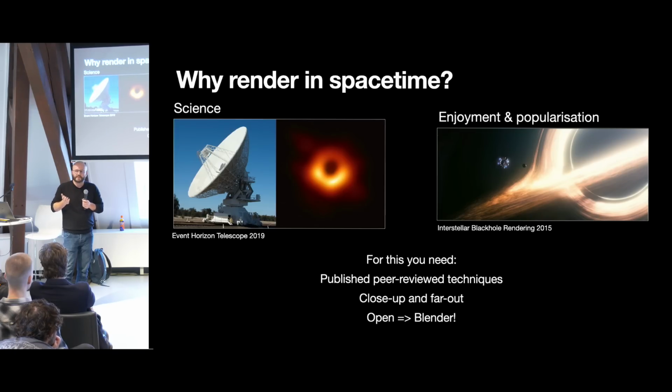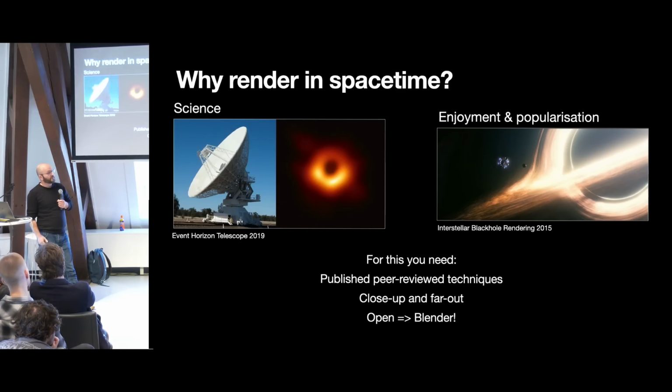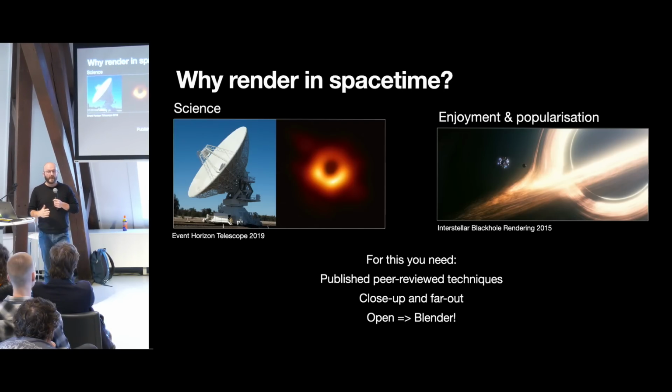For example, for many astronomical things, it's interesting to put the camera far away because we are far away, and then study things that are either close or far away from the black hole. But if you want to make some cool images, you want the camera to be close to the black hole and see what things look like. And furthermore, I wanted it to be available to everybody, for everybody to go and try and make a render of a black hole or any type of curved space-time.